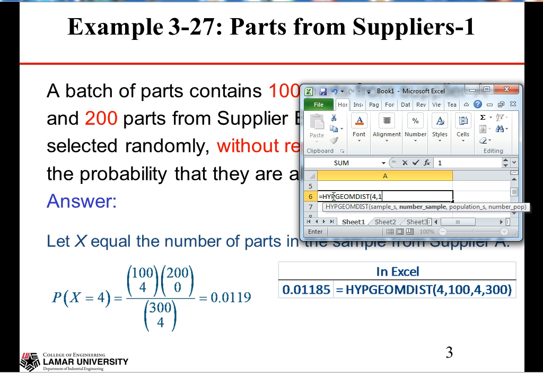So we have 100 successes. The third number is the sample population.